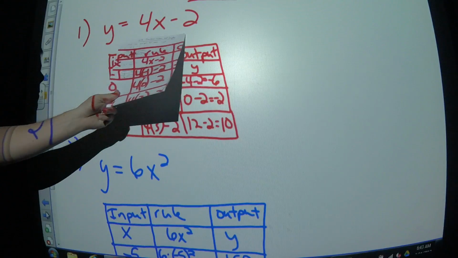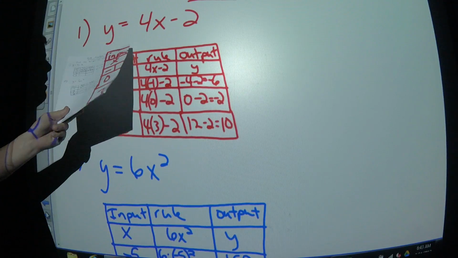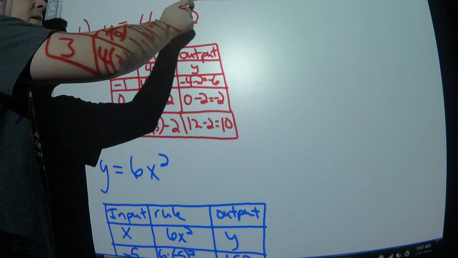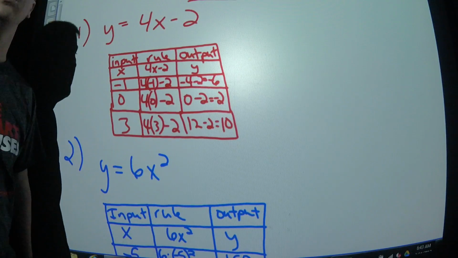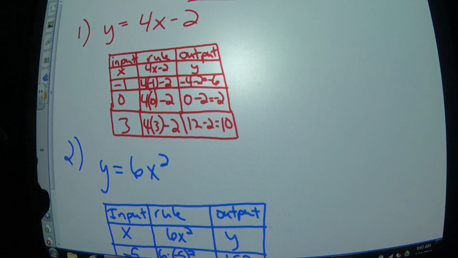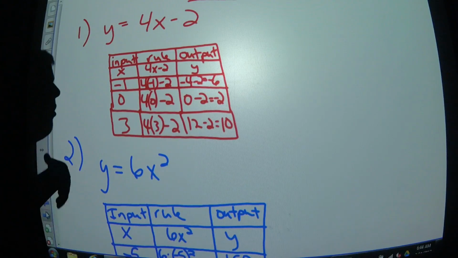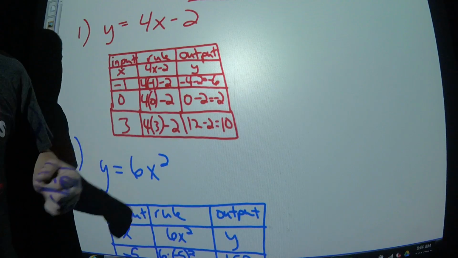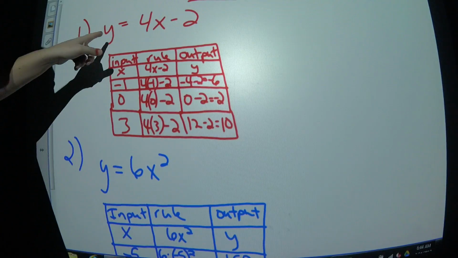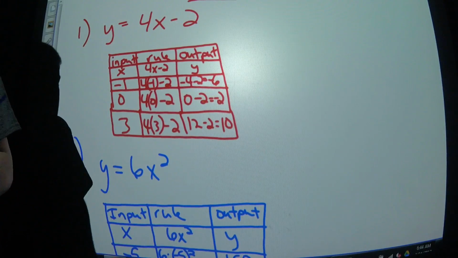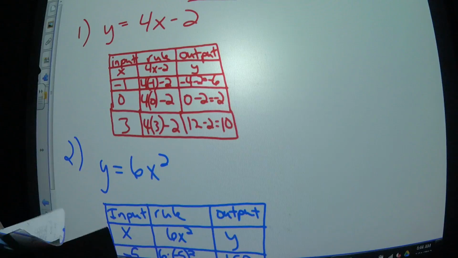So a function, notice that y is equal to whatever this ends up becoming. Earlier in the year when we were doing evaluate this equation, you would plug in a number for x and it would give you a number. Well, that number would here be y. So you're doing the same thing that you did earlier this year.